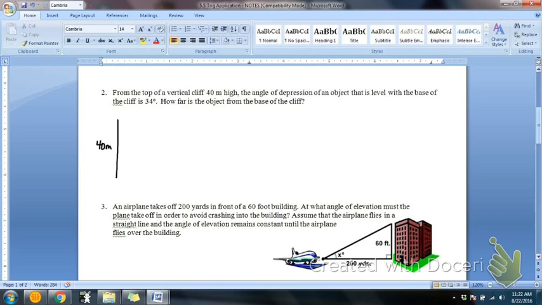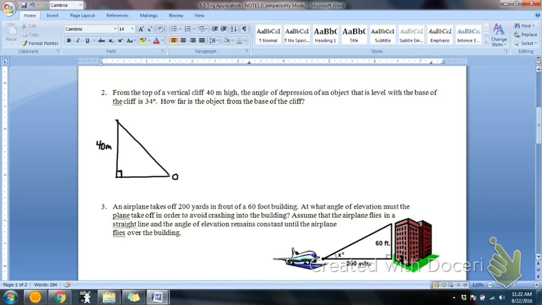Okay, there's an object somewhere that is level with the base of the cliff. Base of the cliff is the bottom, right? So we're just going to put a little, whatever the object is over here. Remember, we're trying to create a right triangle every time. So let's go ahead and connect. Draw a right triangle.